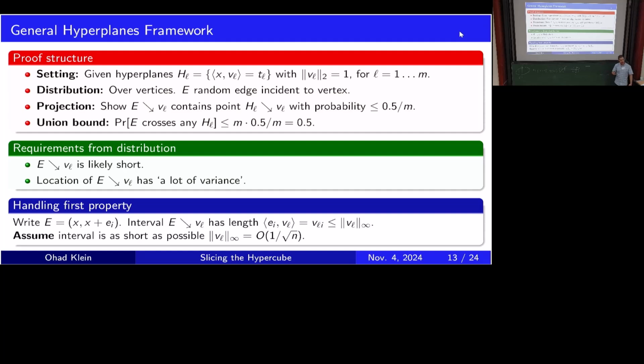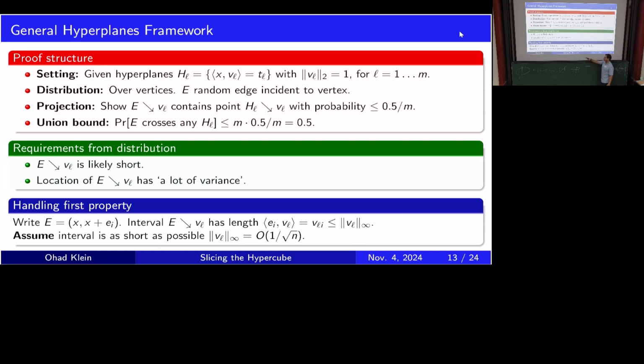Okay, but the points after this projection, on the hyperplane v, are going to be separated with distance 1, is it? Right. No, they're actually going to be separated with this distance. Okay.